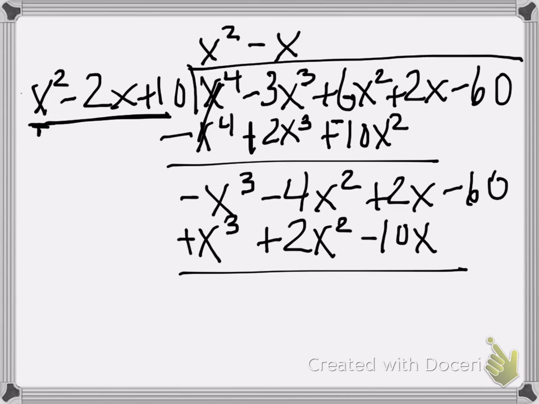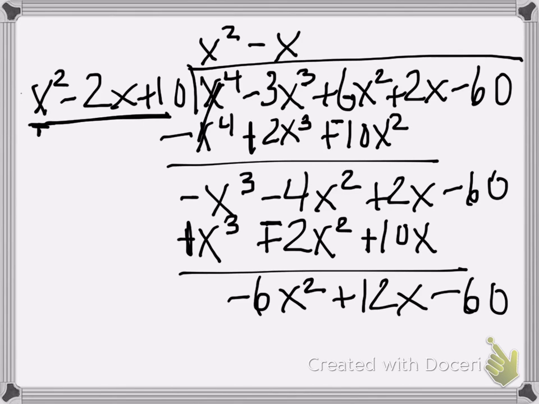And then I change my signs and combine. The x cubes go away, and I get negative 6x squared plus 12x. And I'm going to bring my 60 down. And here's the last round right here. X squared goes into negative 6x squared, negative 6 times. And then I distribute to all three.